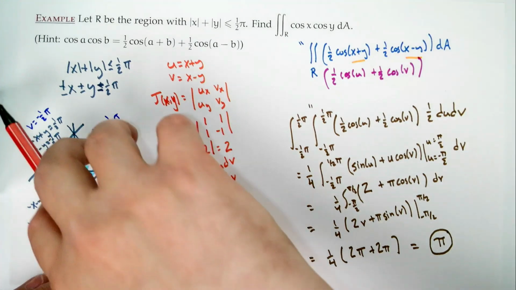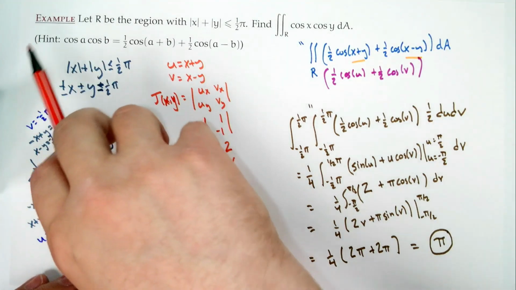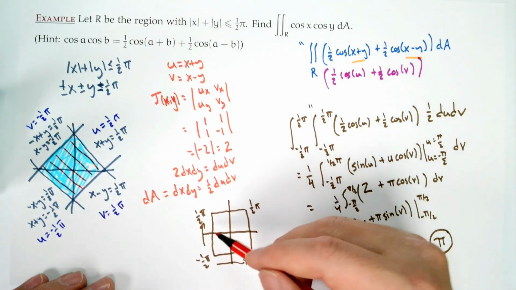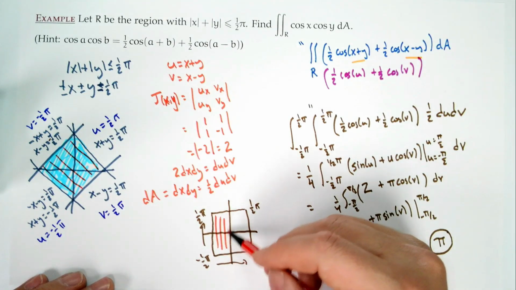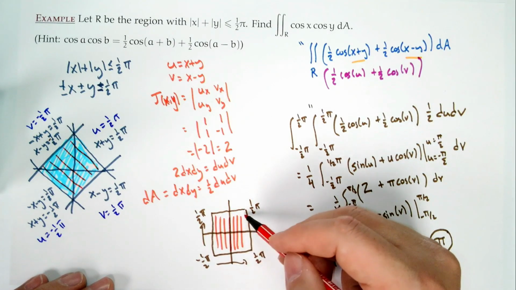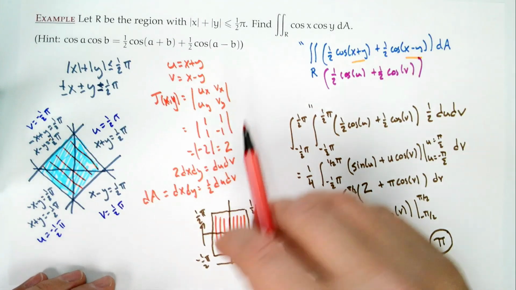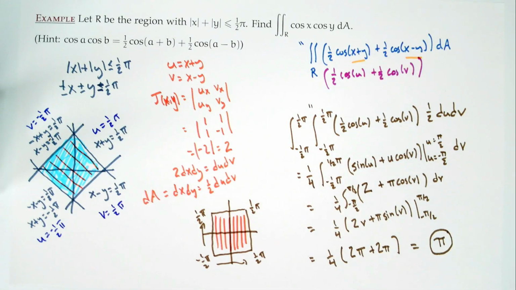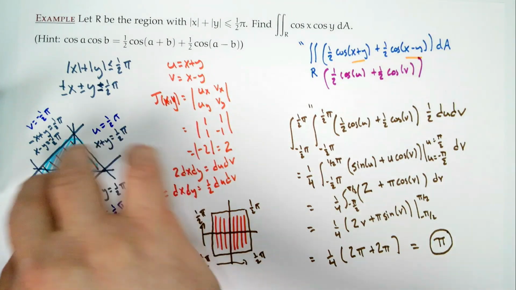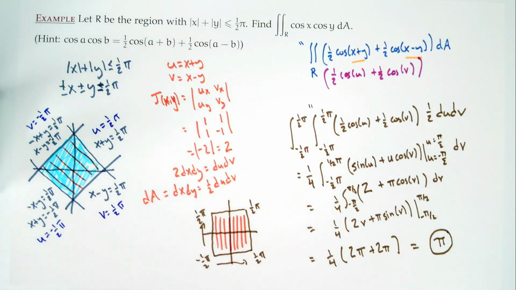Well, in essence, once we did our substitution, we've essentially done a rotation. And that rotation turns our diagonal slicing into a vertical slicing. So, substitution helps make integrals simpler, because you can get your bounds to line up in a better way.